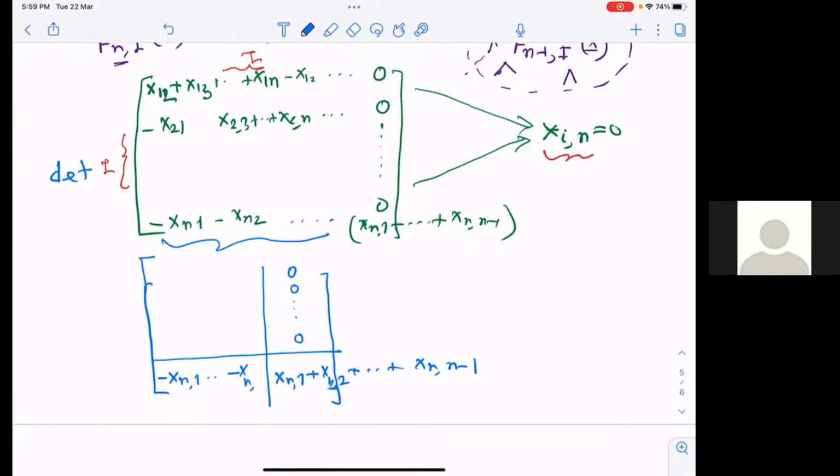Sir, in the diagonal elements, the i comma n, those things will disappear, right? Yeah. But the matrix that you will get is over n minus 1, and whatever I set will determine the matrix here. Because xin will be 0, for example.